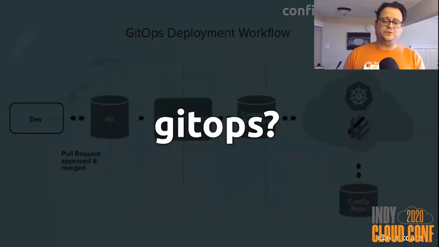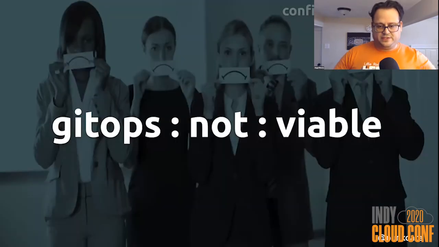In my conversations with folks, some of them asked, wouldn't GitOps help you with this or solve that for you? But if you take a look at what GitOps really is, it's about using a repository as a source of truth so that you can do operations off of that.